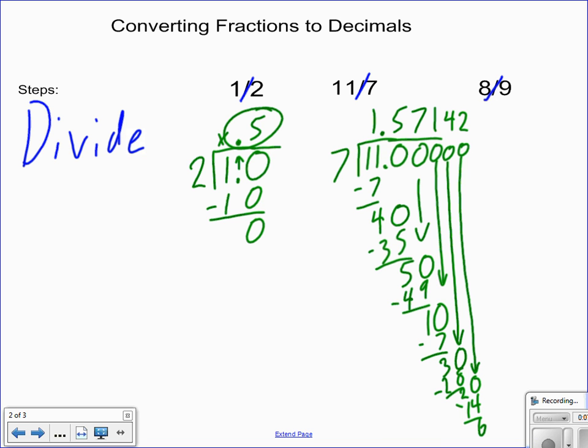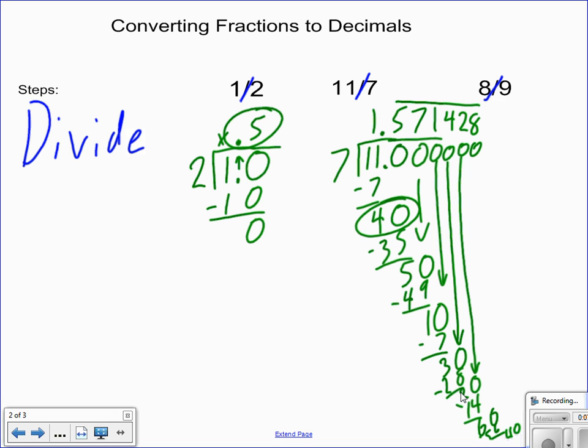It will eventually. 60, 7 goes into 60 8 times, 56, 4, okay. And now I'm going to get 40. I had a 40 once, so it's going to start repeating. So this number actually is a repeating decimal. It takes 6 numbers before it starts repeating. My next number will be a 5, then a 7, 1, 4, 8. So this is all repeating. It took a while to repeat.